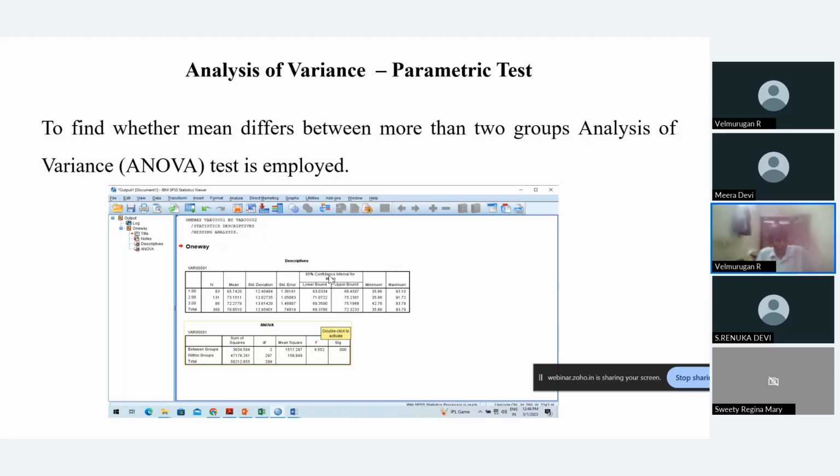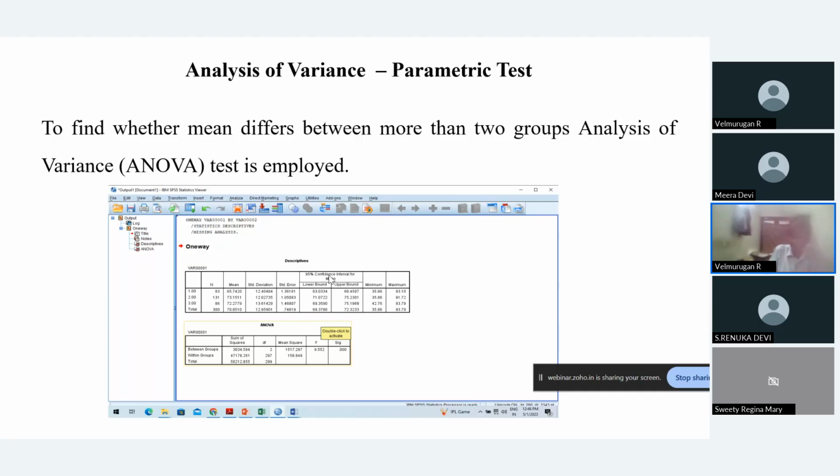So if we want to measure whether the mean differs across more than two groups, kindly employ analysis of variance. We can employ analysis of variance if your population is normally distributed, as it is a parametric test.